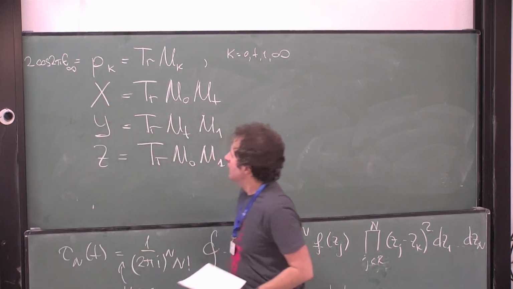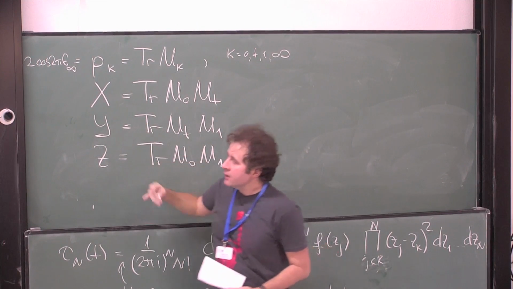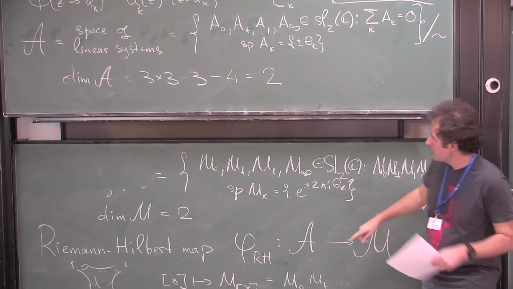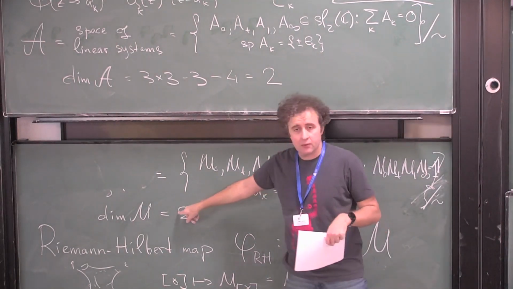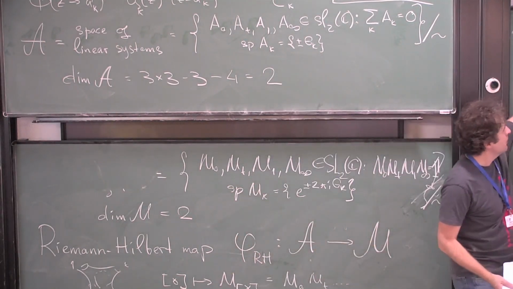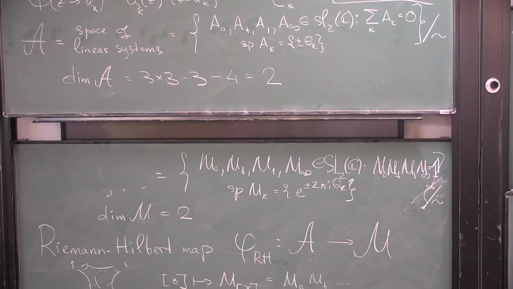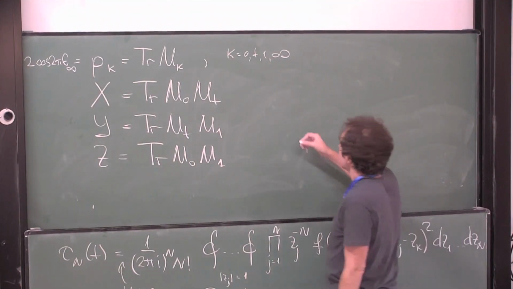These 3, x, y, z, encode non-trivial monodromy data, and we have seen that the dimension of the space of monodromy data should be equal to 2. So x, y, and z have to satisfy at least one relation. And the relation is this.